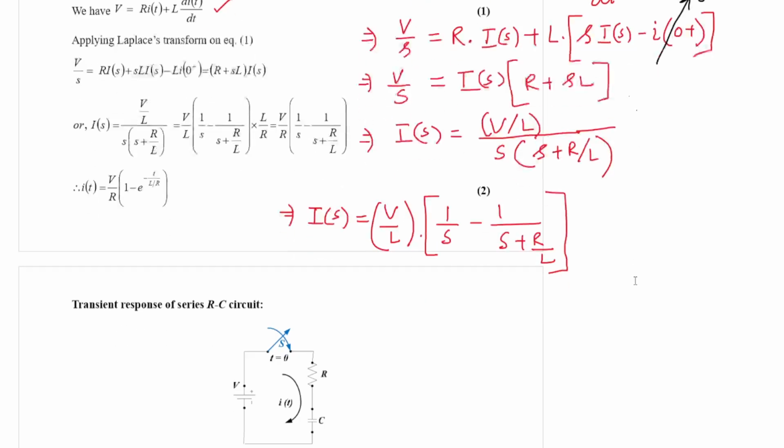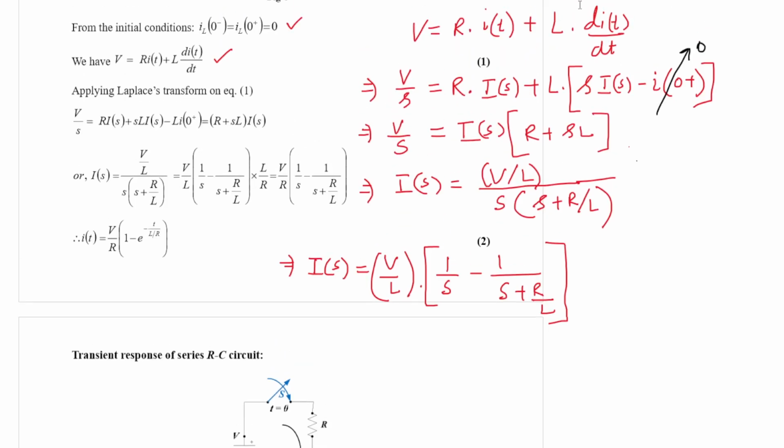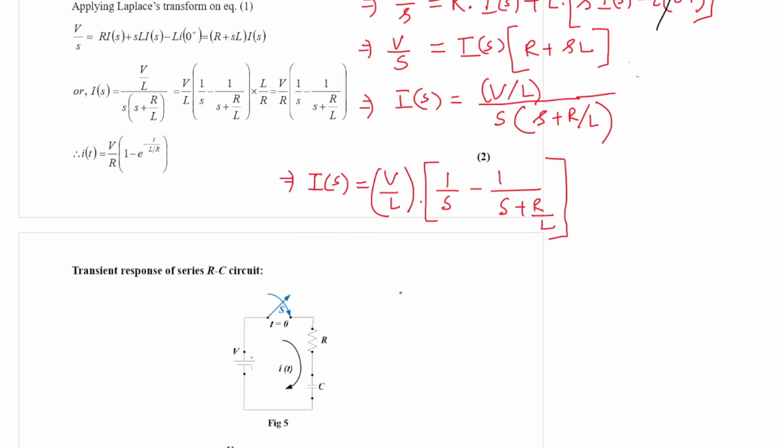Only evaluating this much, LCM is S into S plus R by L. So it will be S plus R by L minus S. So S, S cancel, so it will be R by L. So you need to multiply it with L by R to make it equal to 1.